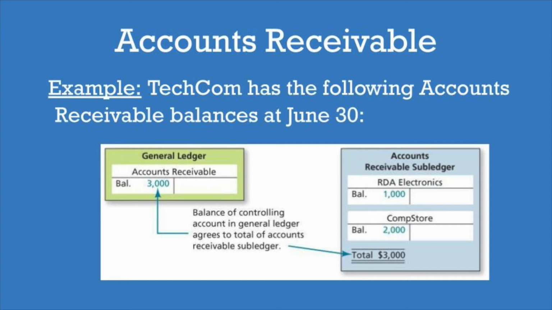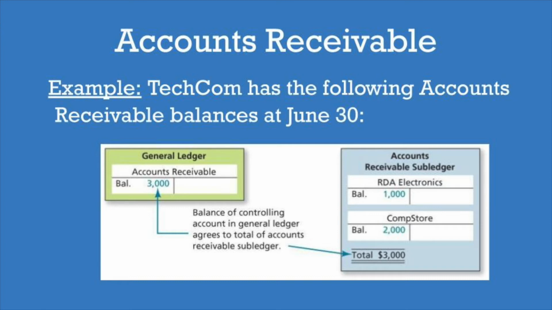It's not broken out, there's no detail on that, but we can go look to our receivable subledger, which is a detail of every single account, your account, my account, these sorts of things. And we'll see that it shows RDA Electronics owes us $1,000 and Comp Store owes us $2,000. 2,000 plus 1,000 is 3,000.